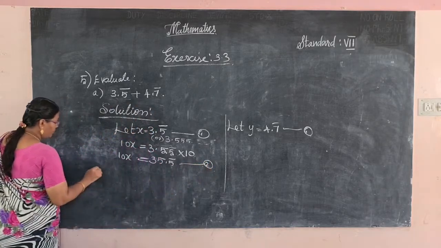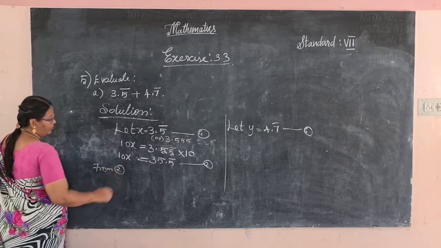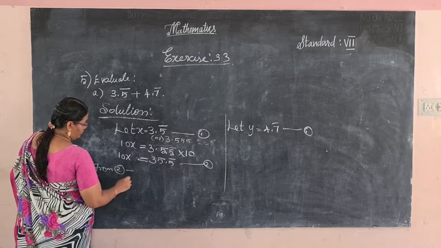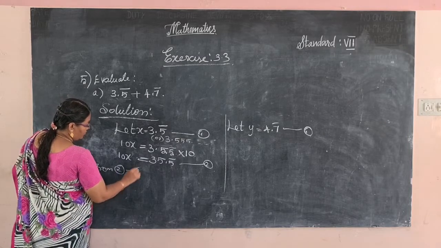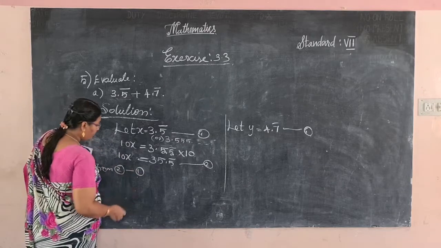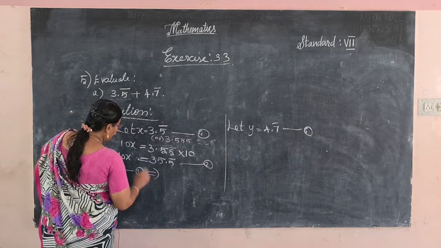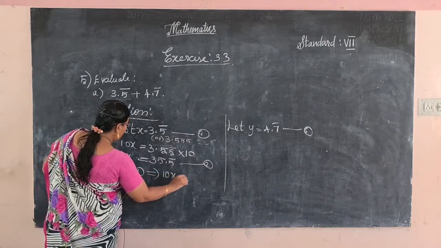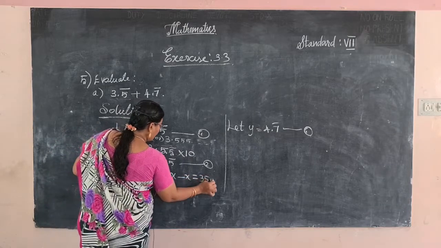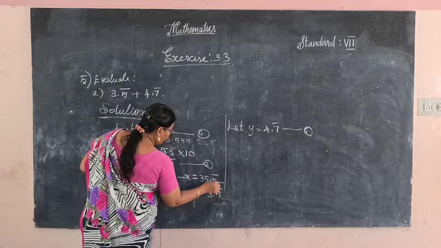Now from 2, subtract 1. It gives 10x minus x equal to 35.5 bar minus 3.5 bar.